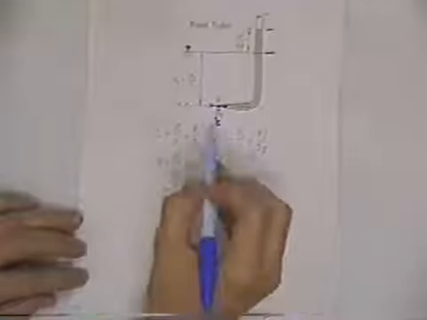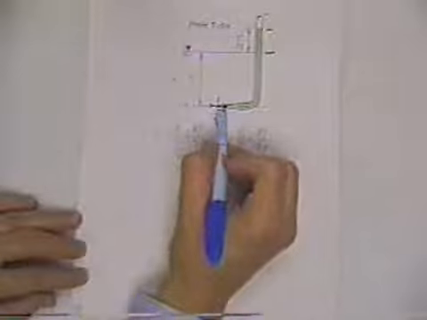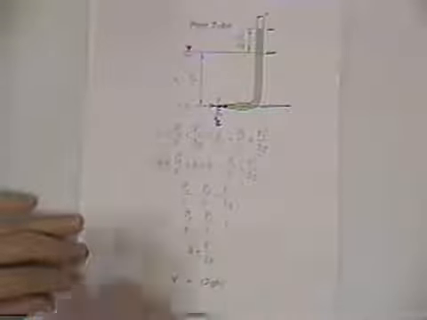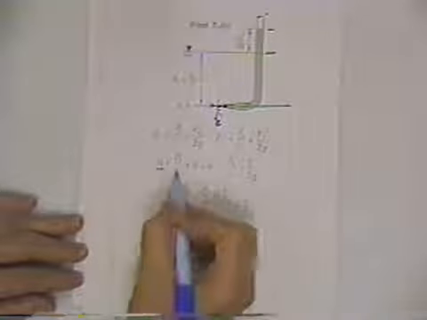And so if we let point 1 be right inside the entrance to the tube, and we can put the datum any place we want to put it. Let's just put the datum right here. And so that'll be our arbitrarily selected horizontal datum. And so it's right through the center line of the entrance to the tube, and so Z1 is going to come out to be 0.